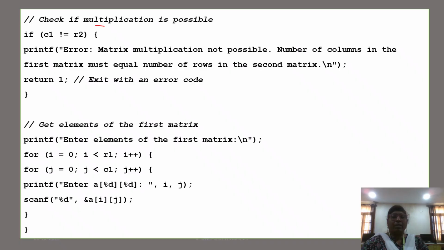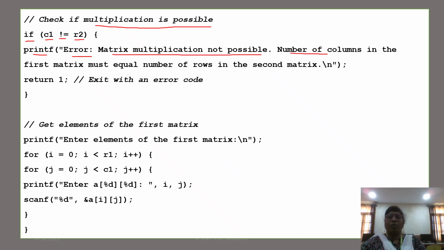Next, you have to check if the multiplication is possible. For that, take the if condition here: column 1, which is from the first matrix, is not equal to row 2. If this condition is true, automatically you will get the output as an error, that matrix multiplication is not possible.